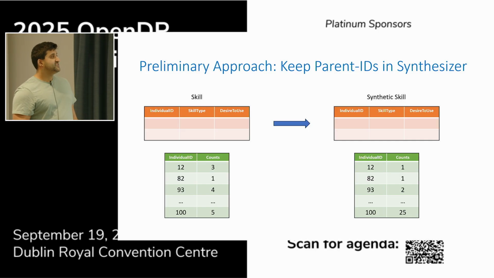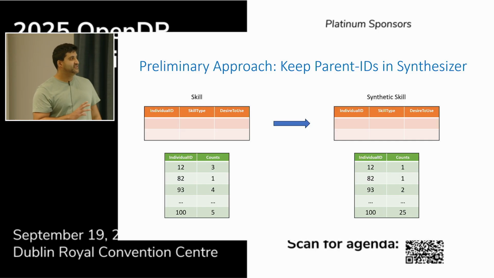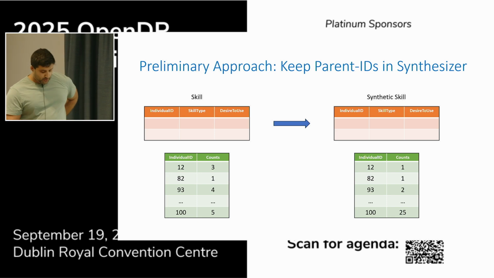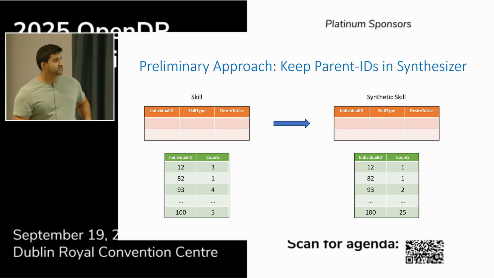But one thing we noticed is that because the individual IDs can show up very few times or a lot, the distribution of counts we get can be quite skewed. We tend to see this in particular whenever we have histograms with very small numbers. When we add noise, we get lots of zeros or small occurrences. So to get over this, we thought of something a little more computational.